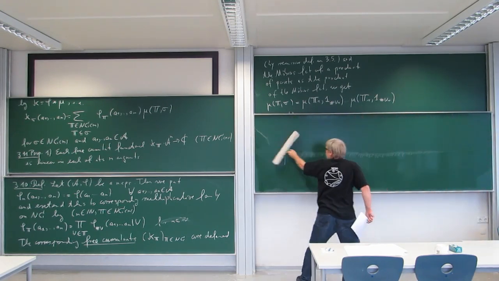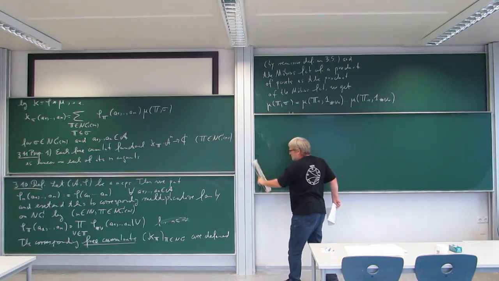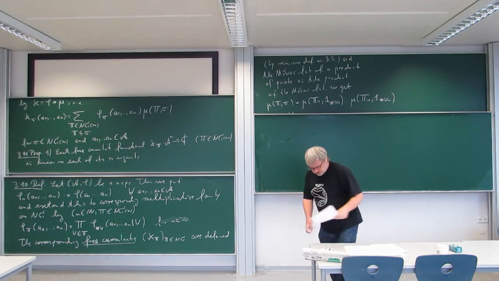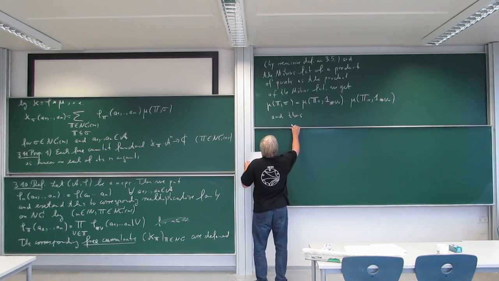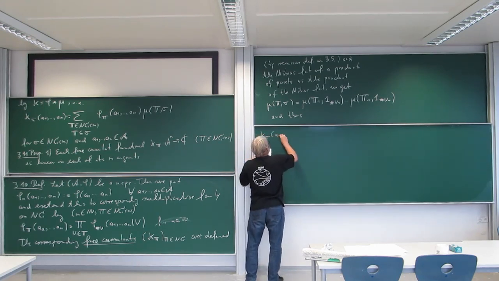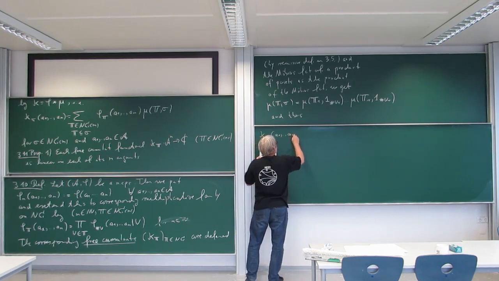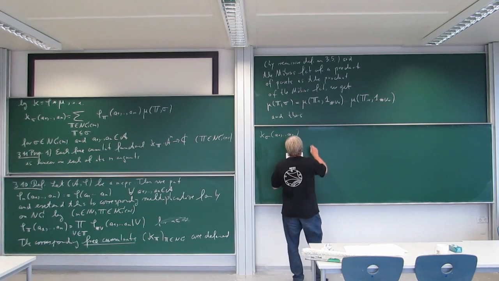Good, so let us now take the formula which defines kappa sigma and do the multiplicative decomposition of all quantities which we have here. Okay, so we want to see that kappa sigma of a1 to an decomposes as a product of the kappas corresponding to the blocks.